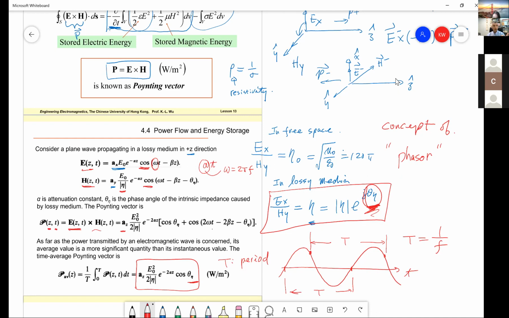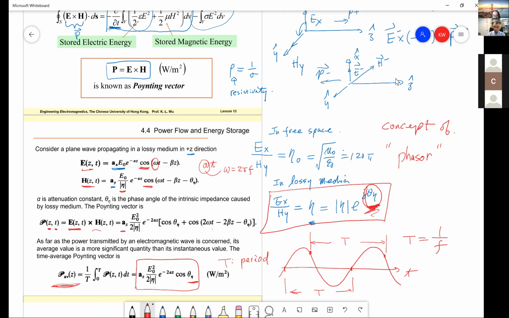What is the result? The average power will be 0. That means with an electrical field and a magnetic field with 90 degree phase difference, you have no energy going out, or that you can transfer, because the average is 0. This is the one fact.